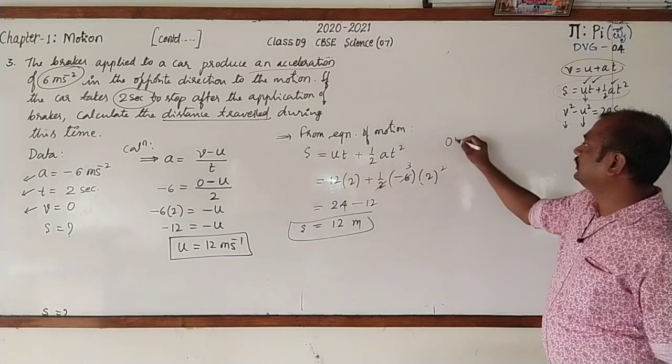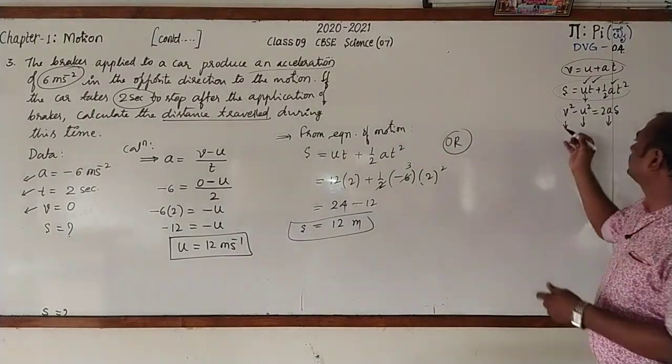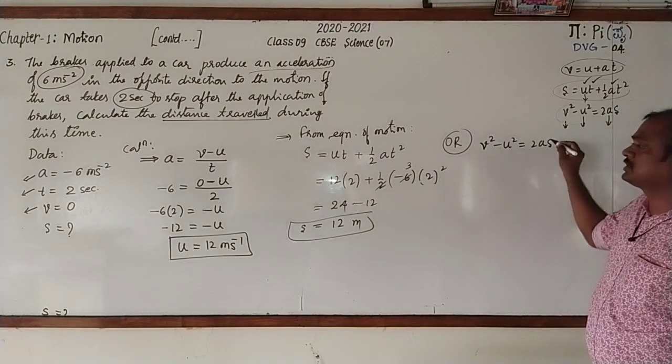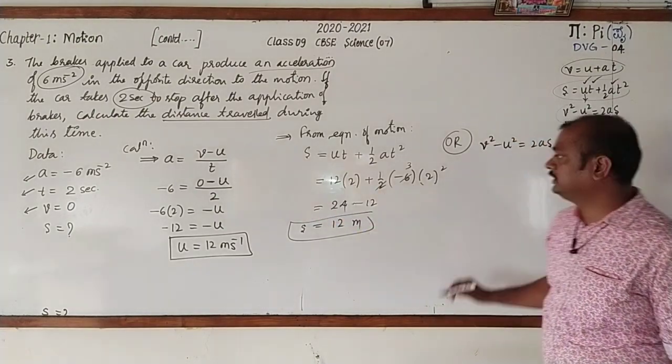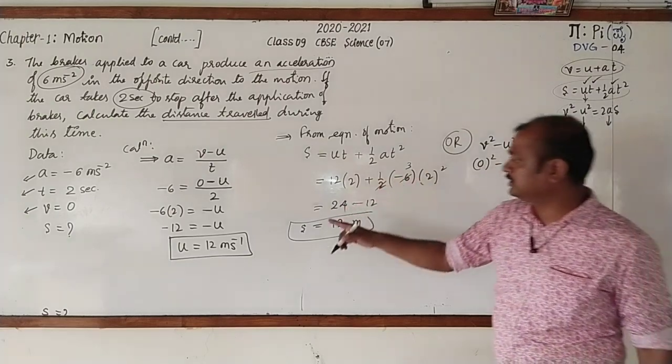As I said, you can also go for using another equation, that is v square minus u square equal to 2as. Just observe it. What is the final velocity? Final velocity is 0. 0 whole square minus initial velocity.